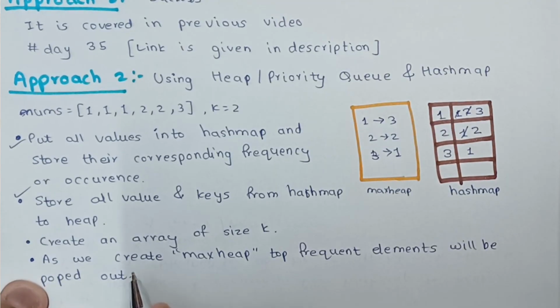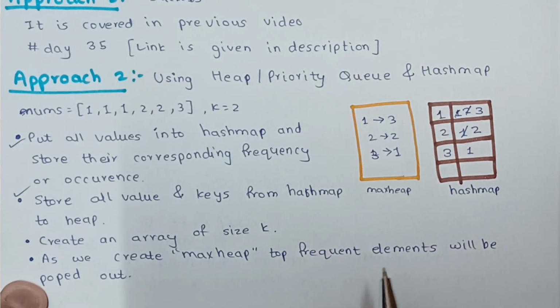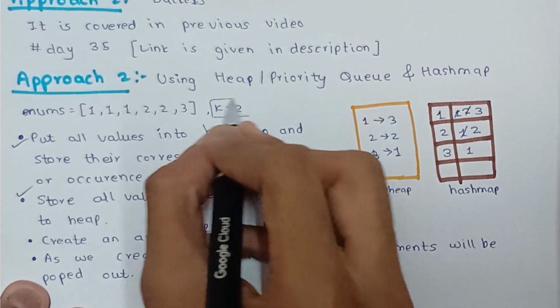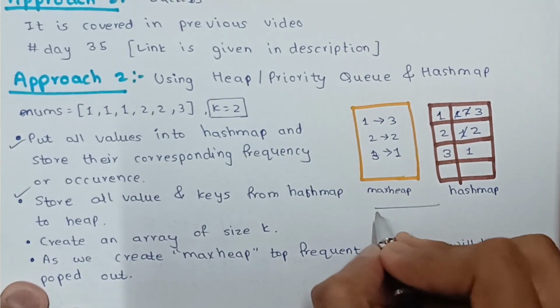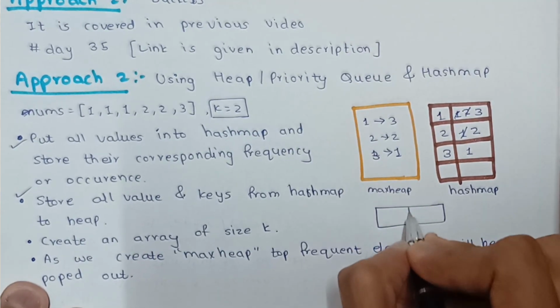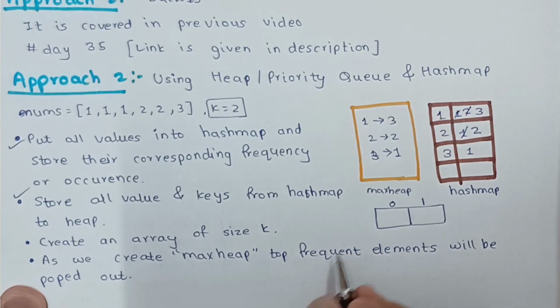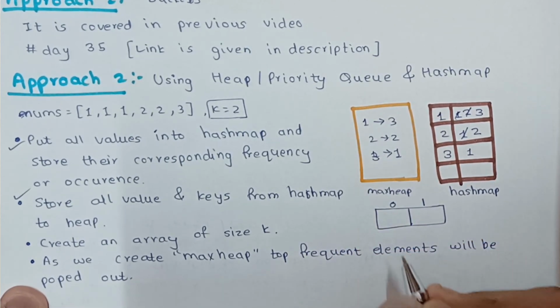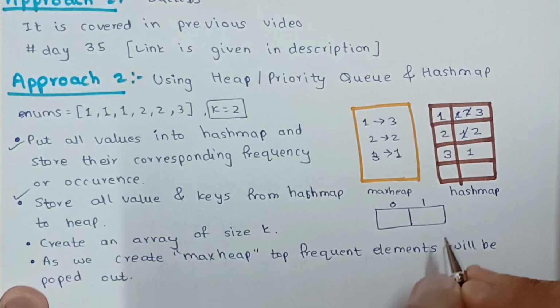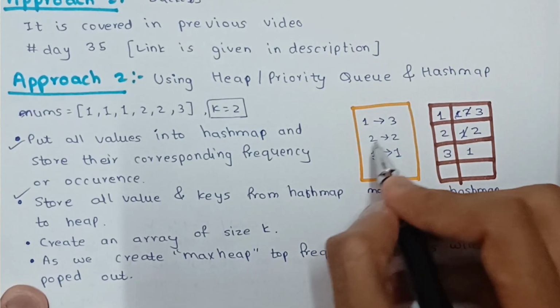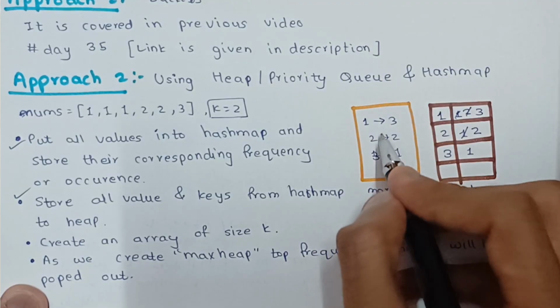Now we will create an array of size k, because we want only k elements. Here k is 2, so we will create one array of size 2, with indices 0 and 1. As we created the max heap, the most frequent element will be popped out first. We pop the keys from this heap by looking at their values.